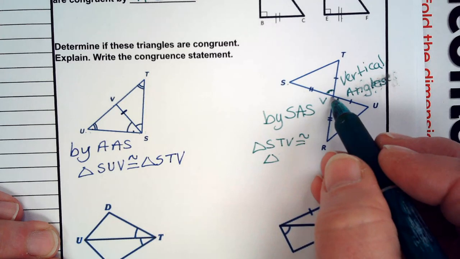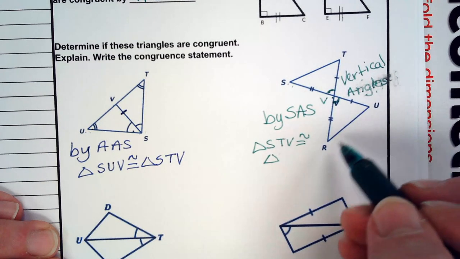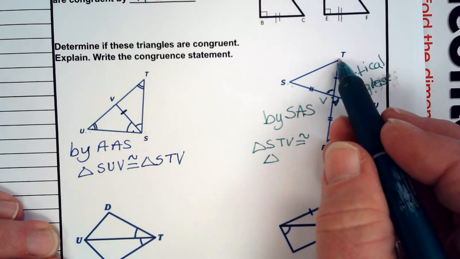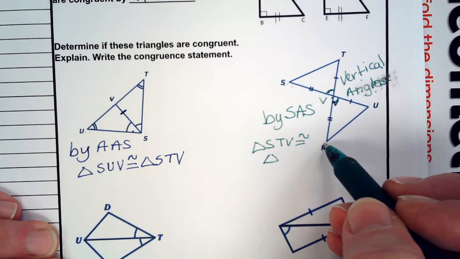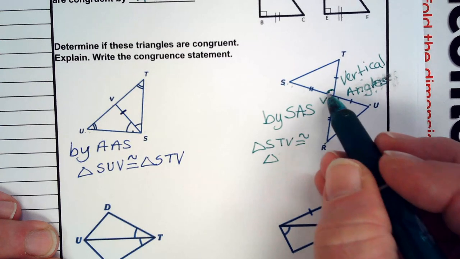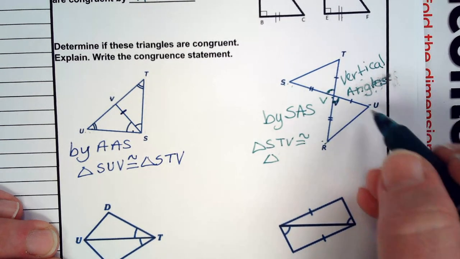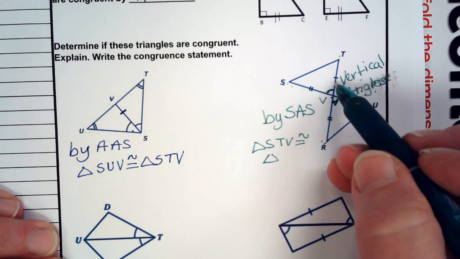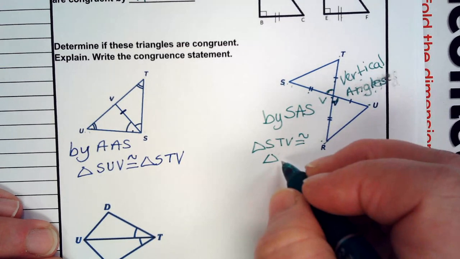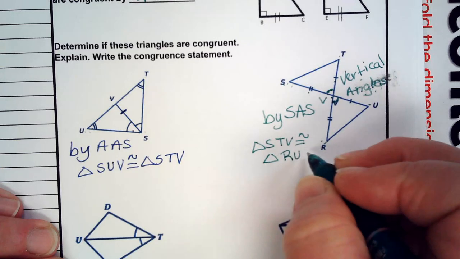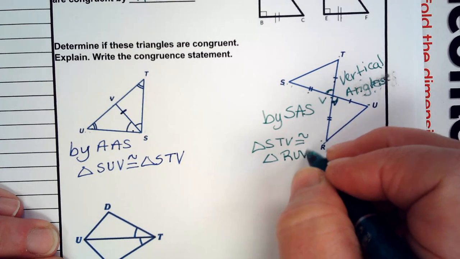S to V, S to T has nothing. So I go from nothing to 1 to 2. So nothing here, 1 tick mark, 2 tick marks. RUV.